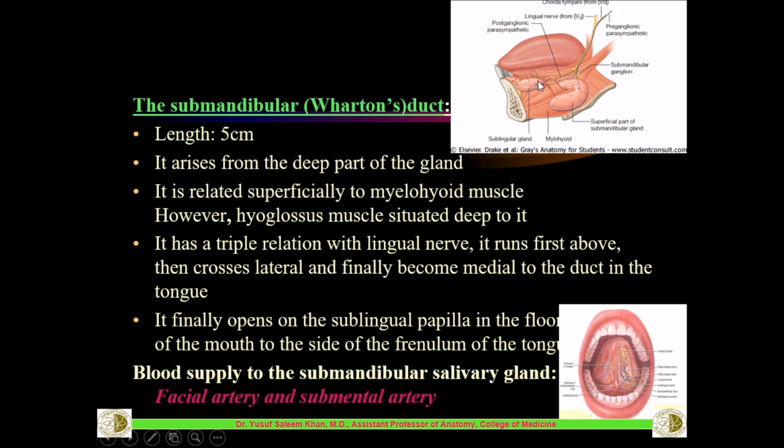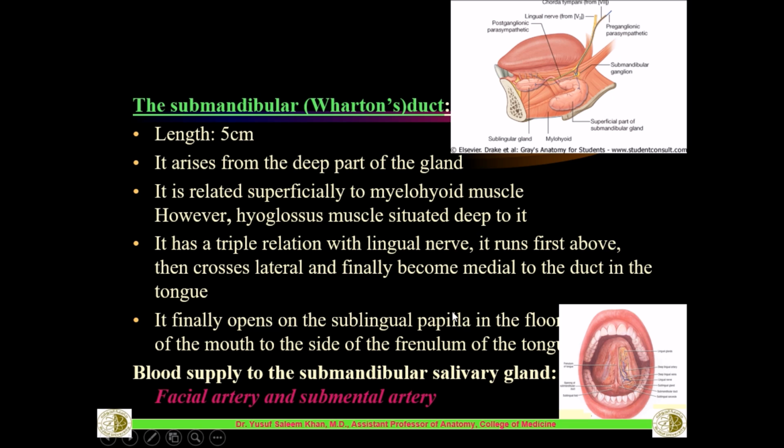This is how the submandibular duct, or the Wharton duct, relates to the lingual nerve. Finally, as I said, it opens on the sublingual papilla in the floor of the mouth, just beside the frenulum. You can see the frenulum here, and just beside it the duct opens on the floor.